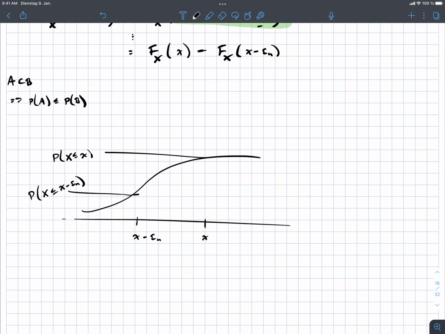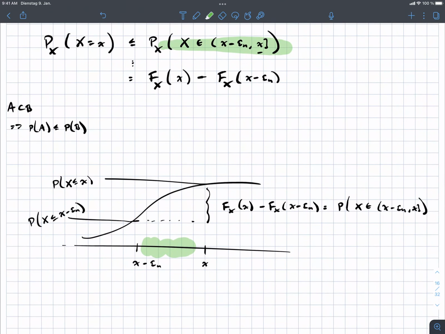And so the difference, F_X at x minus F_X at x minus epsilon n, is the probability that X lies in this interval between x minus epsilon n up to x.